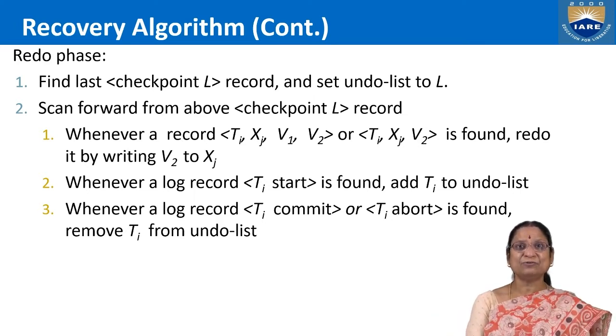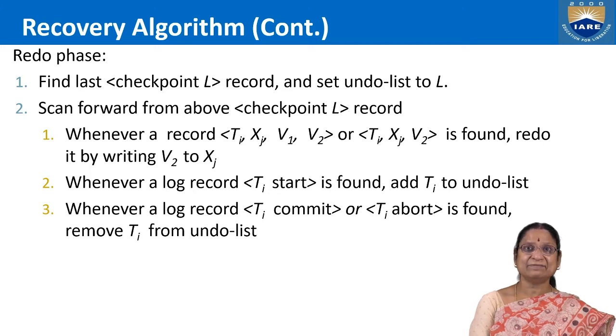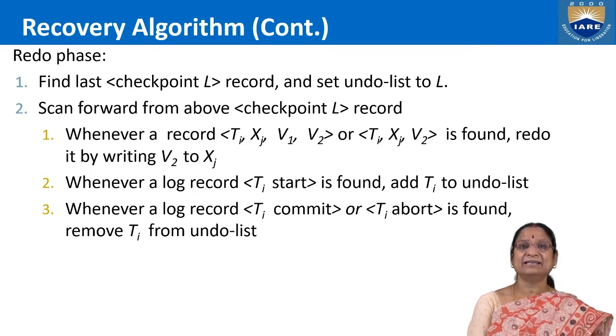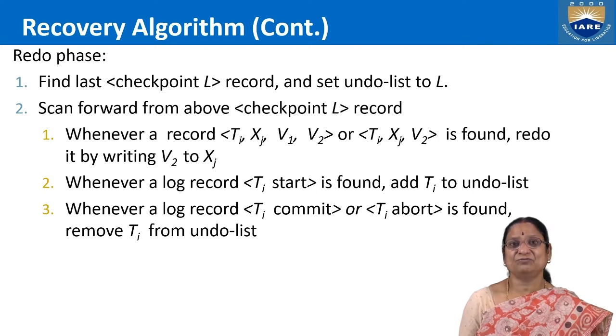The transactions which are started but not completed must be undone. That is, if Ti start is available but Ti commit or Ti abort is not there, then it is included in our undo list.